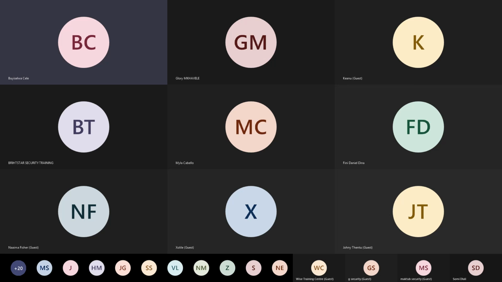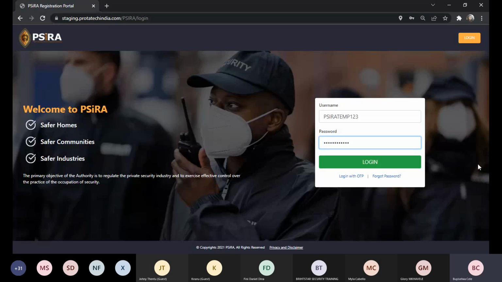Okay, so we are now logging in as the officer who has completed 6 months of practical training and wants to apply to become an instructor first. So we'll enter the username and password.